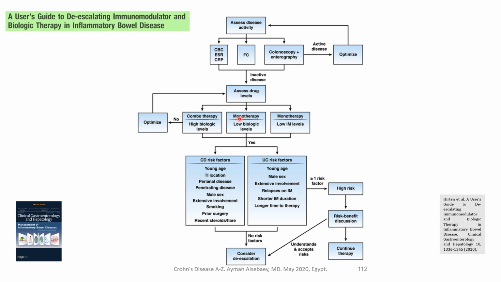If I have a high-risk group, like young age, terminal ileum location, perianal disease, and so on, or I have no risk factors. If you don't have any risk factor, you may de-escalate the therapy. If I have these risk factors, I will not stop the therapy.